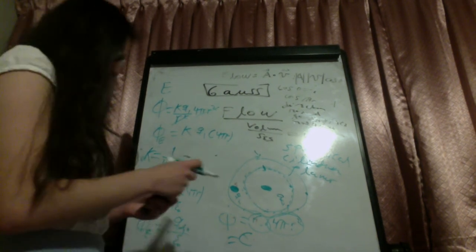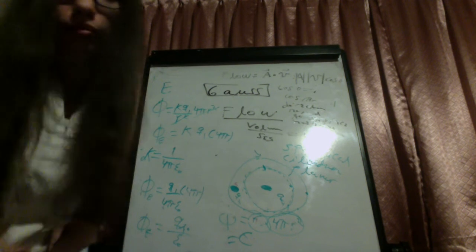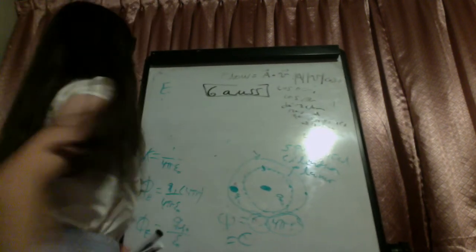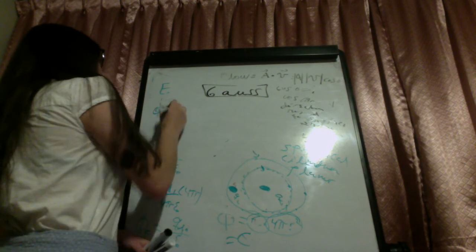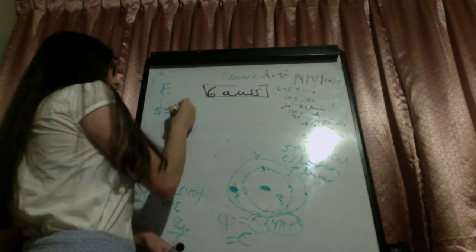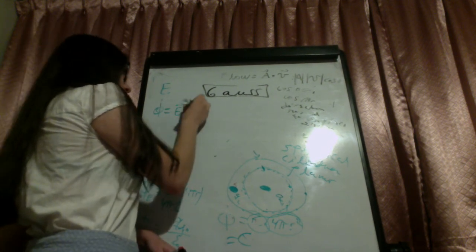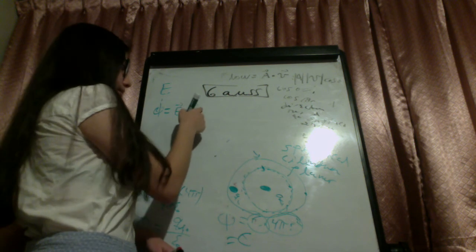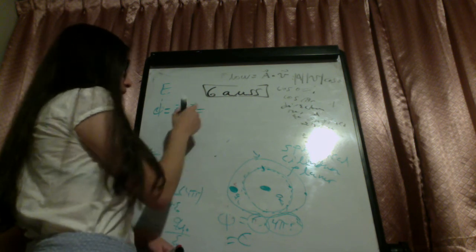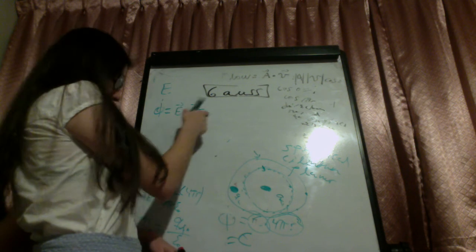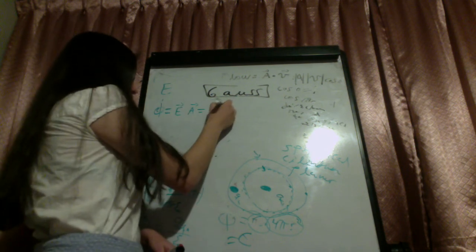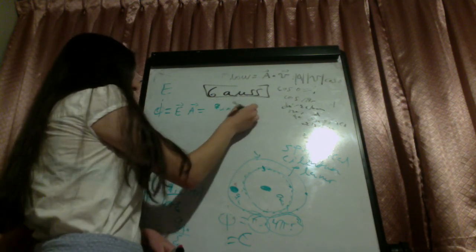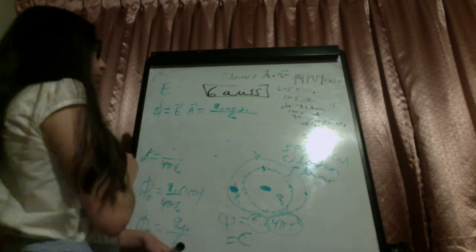And so I have that the flux is equal to the electric field dot the area vector, and this is also equal to the charge inside divided by epsilon naught.